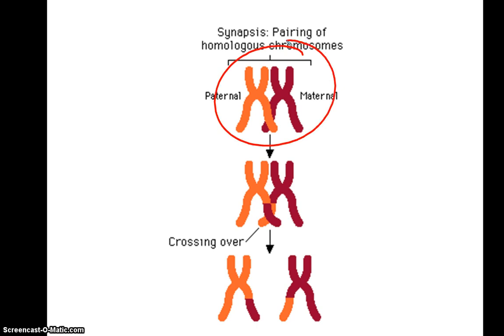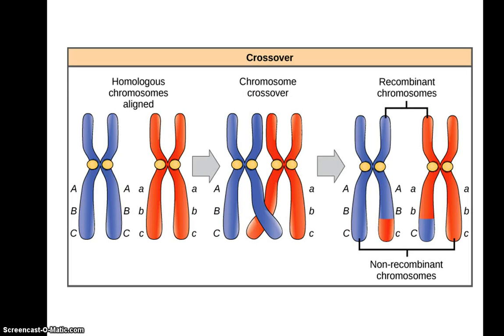And they'll line up, and right at this location right there, the chiasmata, what will happen is little pieces of the DNA will flip-flop. So all of a sudden, if you look down here, we've got combinations of DNA, combinations of genetic material that weren't together before. So this is why you really are a combination of your mother and father, but it might not be all the same traits, because this is where genetic diversity gets increased.